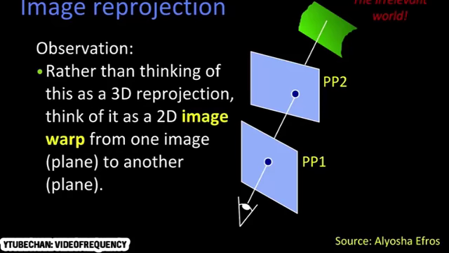What that means is, instead of thinking of this as a reprojection from 3D to 2D and figuring out how it projects to some other 2D plane, when I'm going between two planes that share the same center, I really want to think of this as a 2D image transformation, a 2D image warp from one image plane to the other. I don't have to worry about the third dimension, the 3D world.